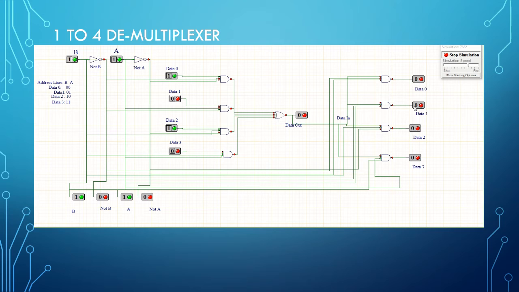So let's see how this works. If we address 0, 0, let's have all the data off. Note that the top gate here has 2 green dots on it, which means there are 2 ones on there, and this gate is ready to decode or recover the data that is occurring at the data input 0 here.